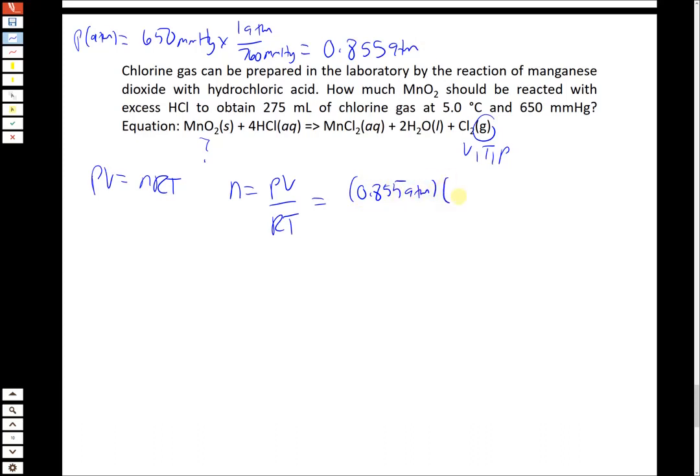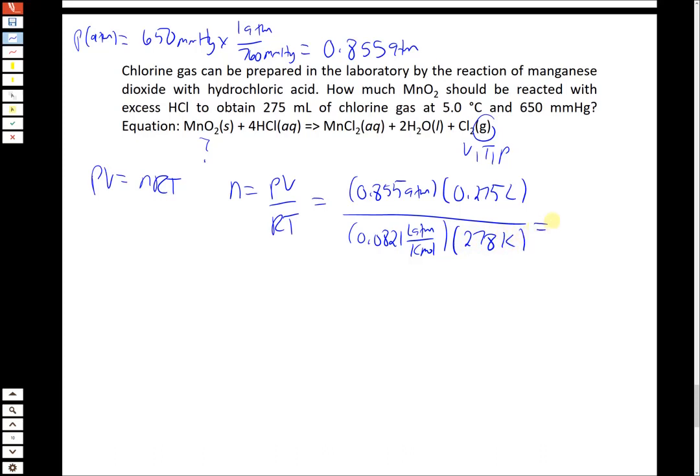The volume was 275 milliliters. We can convert that to liters in our head. That's 0.275. And then we have RT in the bottom. R is the universal gas constant. Temperature is 5 degrees Celsius, so 5 plus 273 is 278. That's the temperature in Kelvin.